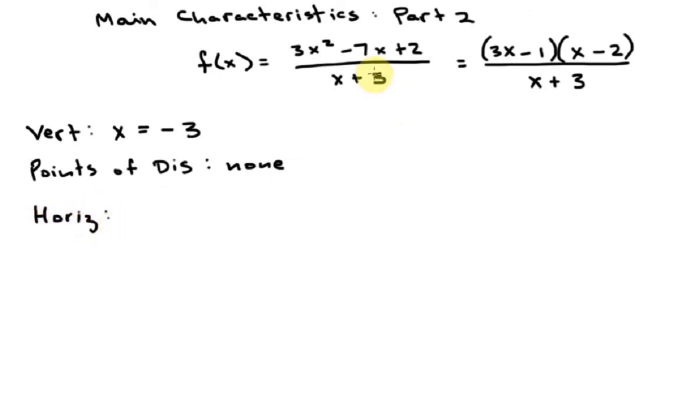Okay, what we're going to do is go back to the original. And we're going to look at the big picture here. Who's dominating on the top? It's 3x squared, or even just x squared that is dominating. And on the bottom, it's just the x. So that means this thing is essentially just simplifying down to x, which means if x gets bigger, the whole thing gets bigger.